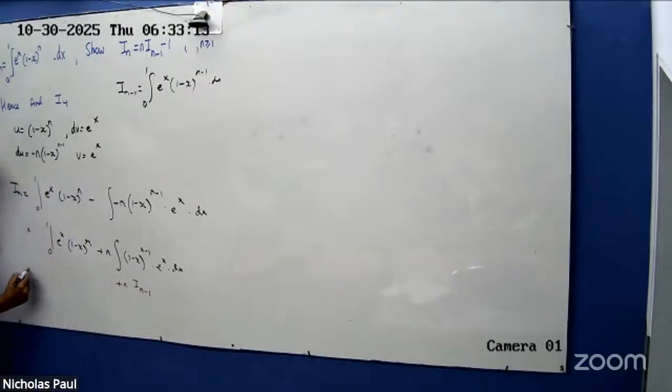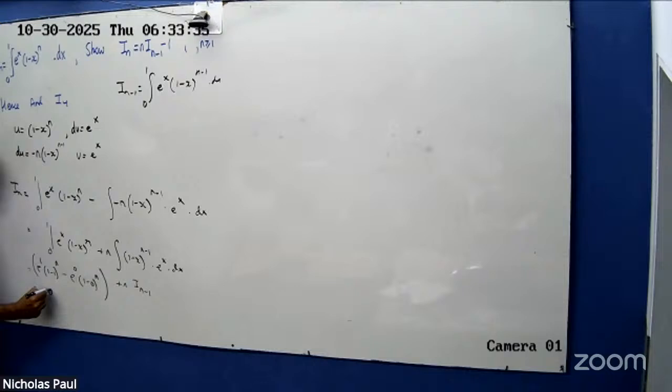Right? How do I work out this? Well, I'm going to plug in 1. So I'll get e to the 1 by (1 minus 1) to the n, minus, plug in 0 now, e to the 0 by (1 minus 0) to the n. This becomes 0. That's okay? This becomes 0.